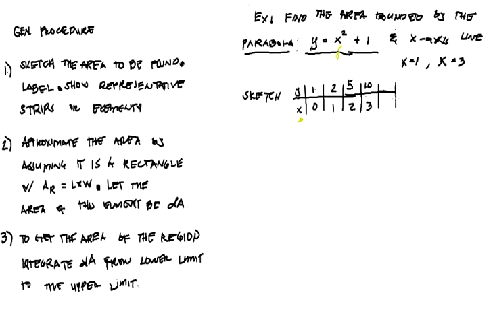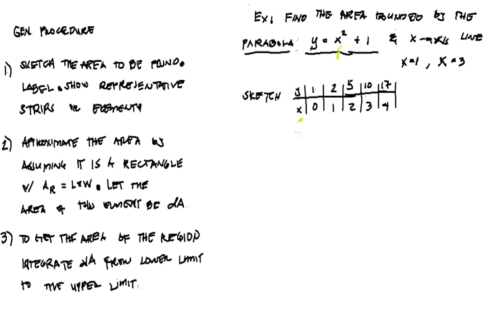Okay, and then let's extend our points. Say we have x is equal to 4, we have 17, right? Then what else?